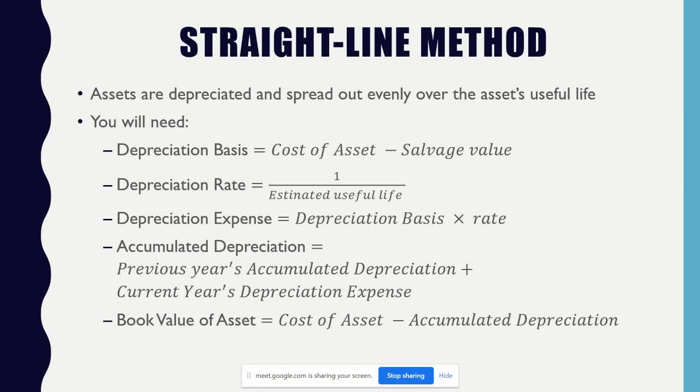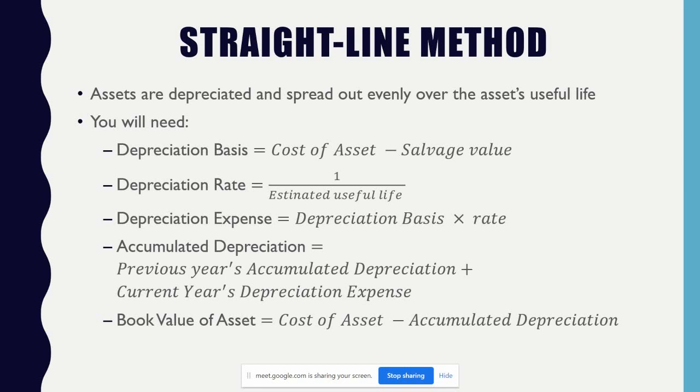So here are the formulas. If the goal is to spread the cost evenly amongst the useful life, let's take a look at the formulas. The formulas are going to be a combination between units of production and double declining. The depreciation basis is exactly like units of production: the cost of the asset minus salvage value.